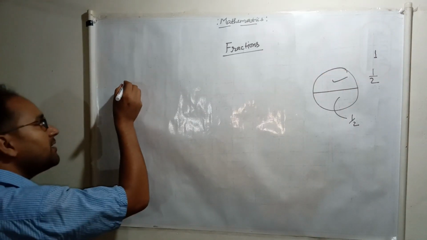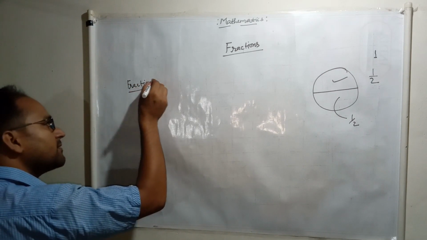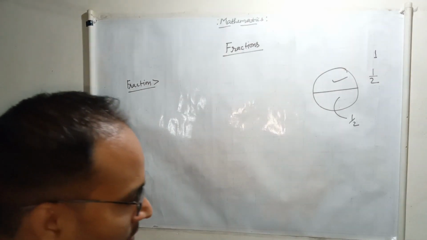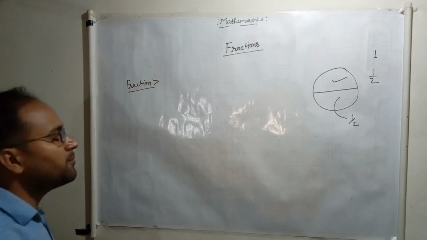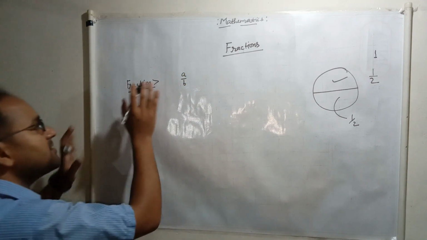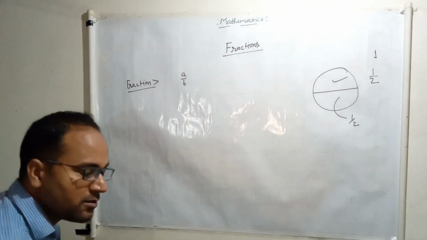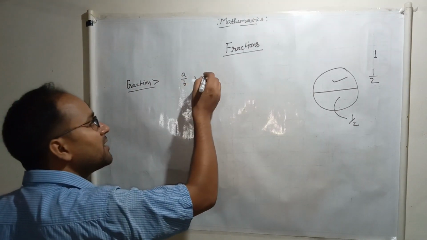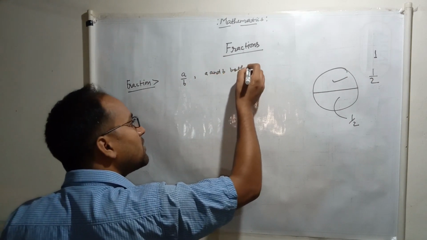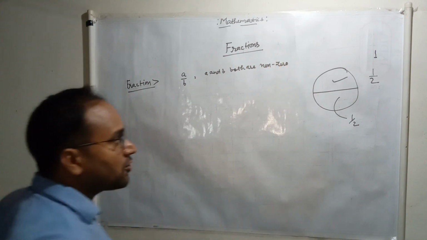In definition form, a fraction is a number that can be written in the form of a upon b, where a and b both are non-zero numbers. Non-zero means their value will not equal 0.